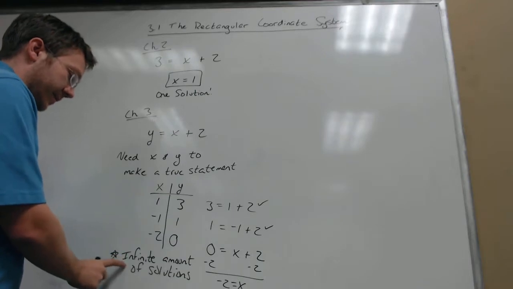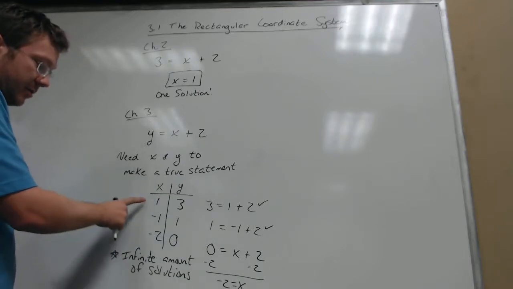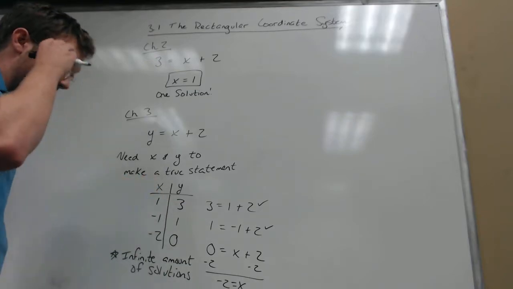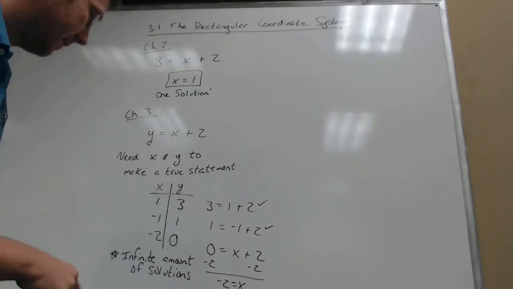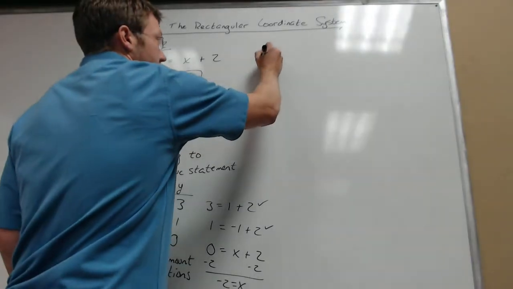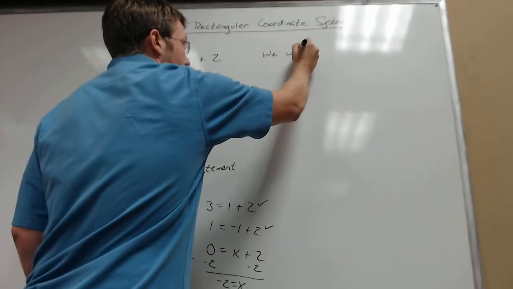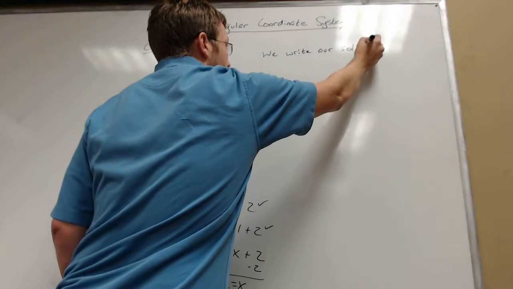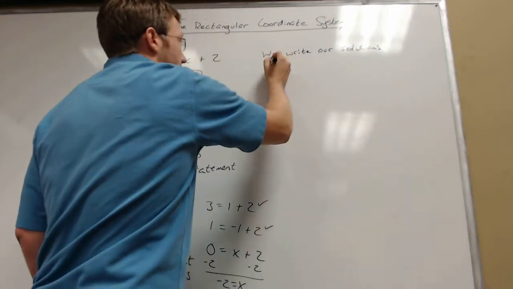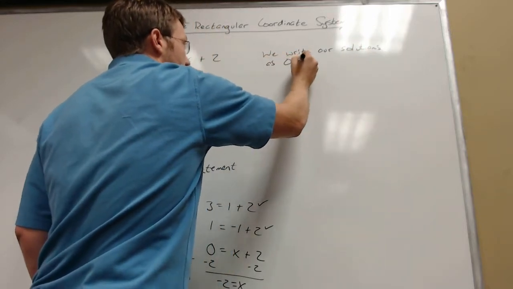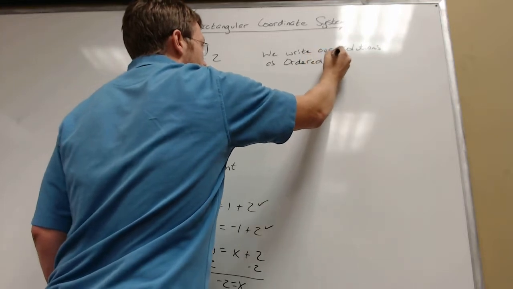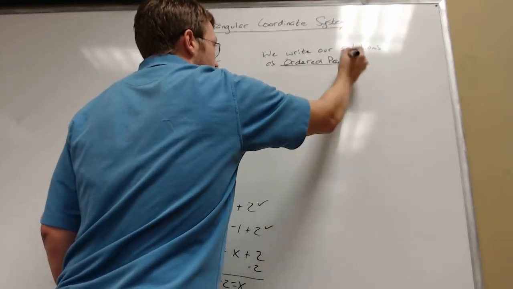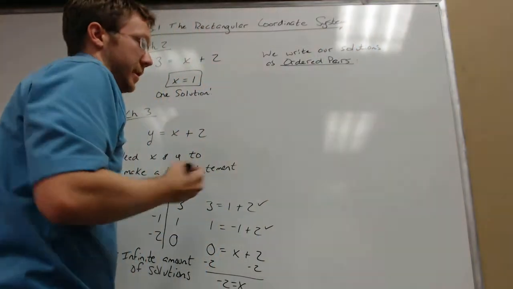Okay, so, all right, let's talk about these solutions. We know there's an infinite amount of them, but we don't always write them in a table. There's another more convenient way to write them. So we write our solutions as ordered pairs. You may be familiar with this notation.